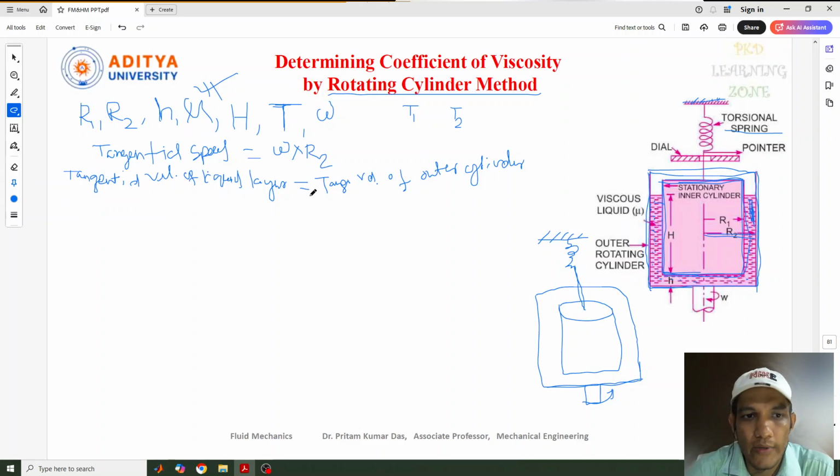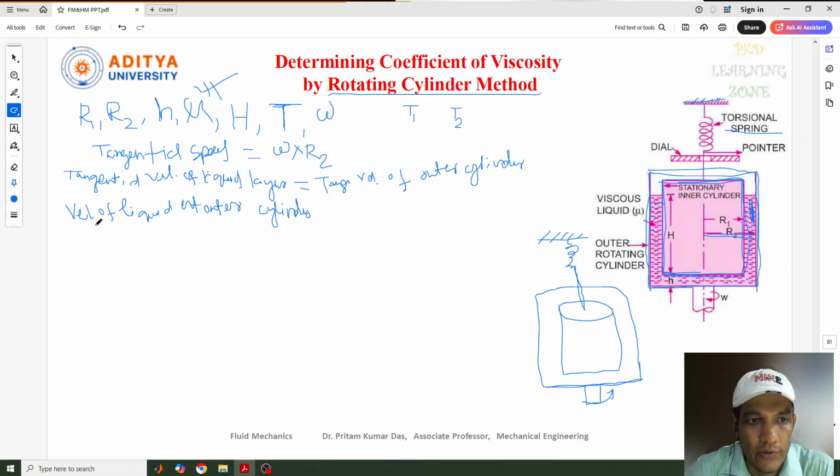So before going to that, let's find out the velocity of the liquid layer at the outer cylinder. This one we have already identified as the tangential speed.